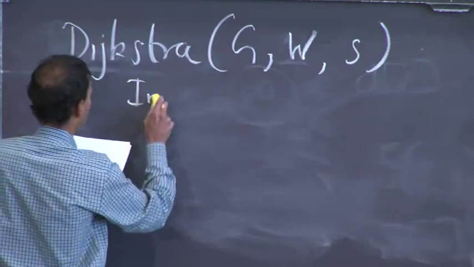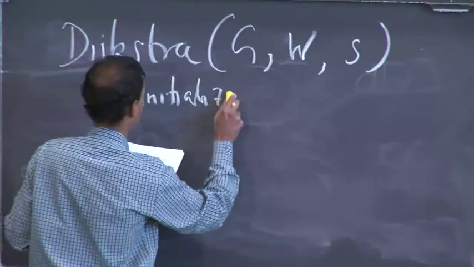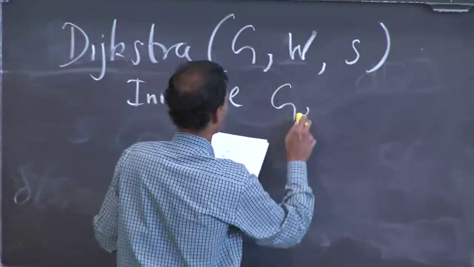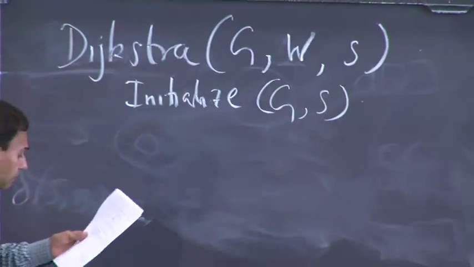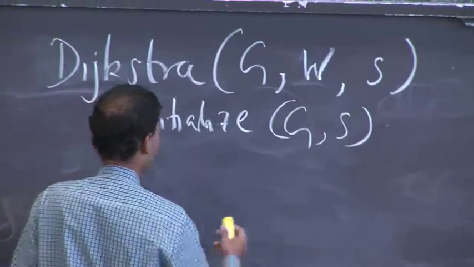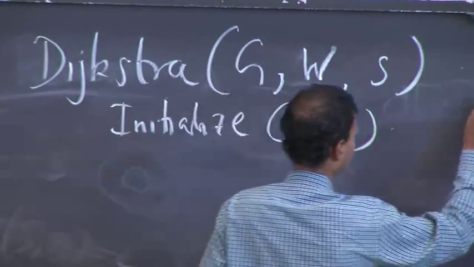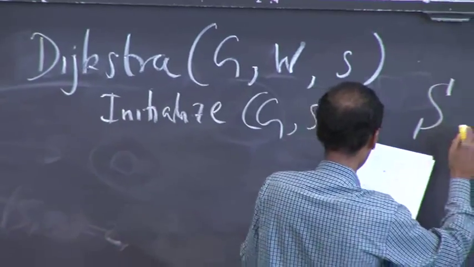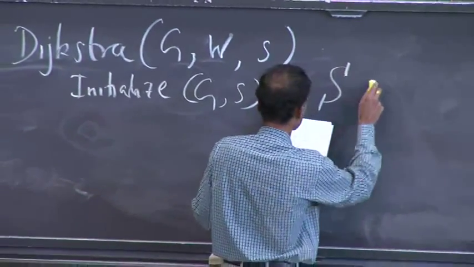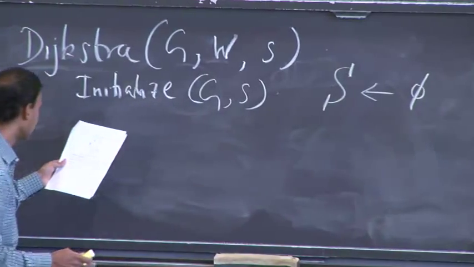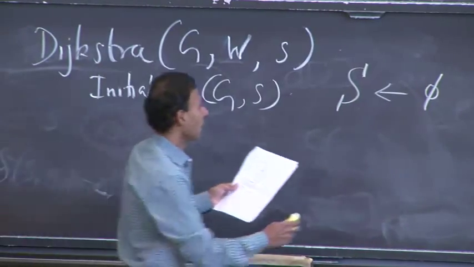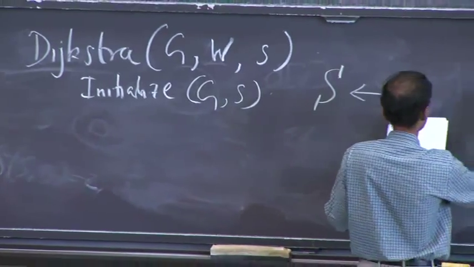We're going to initialize G and s, which means we just mark s as a starting vertex, and we're going to also have this capital S that I'll use these little bars to differentiate from small s. So this is a set, capital S is a set. And we're going to initialize that to null.